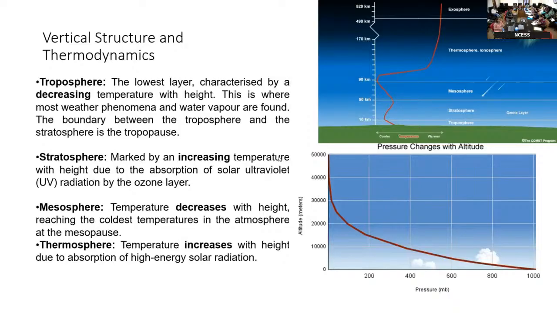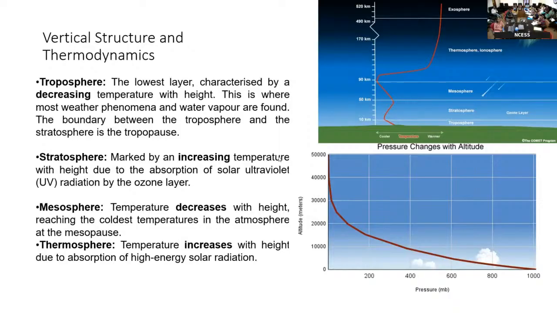Some oxygen is also responsible for this temperature gradient, because the ozone layer lies somewhat in the middle of the stratosphere. Above that, oxygen also contributes to ultraviolet radiation absorption, which gives the increasing temperature profile for the stratosphere.